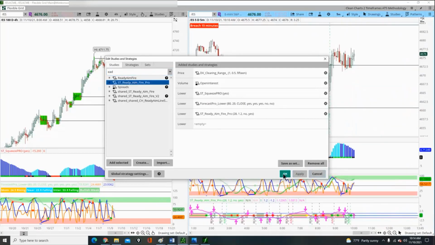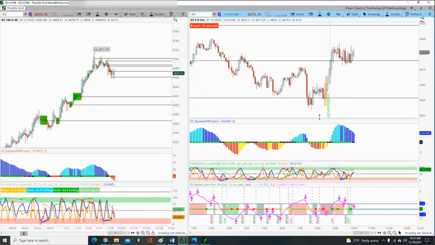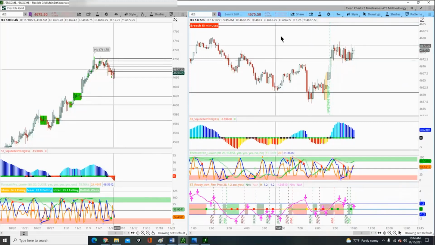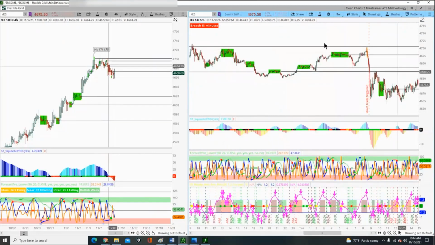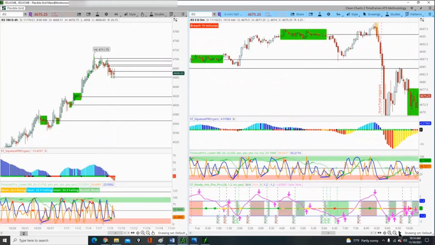Just put this on for a minute. And I got the Forecast Pro also. Okay, let's back it out. Let's look at this time period right here. Okay, cool.